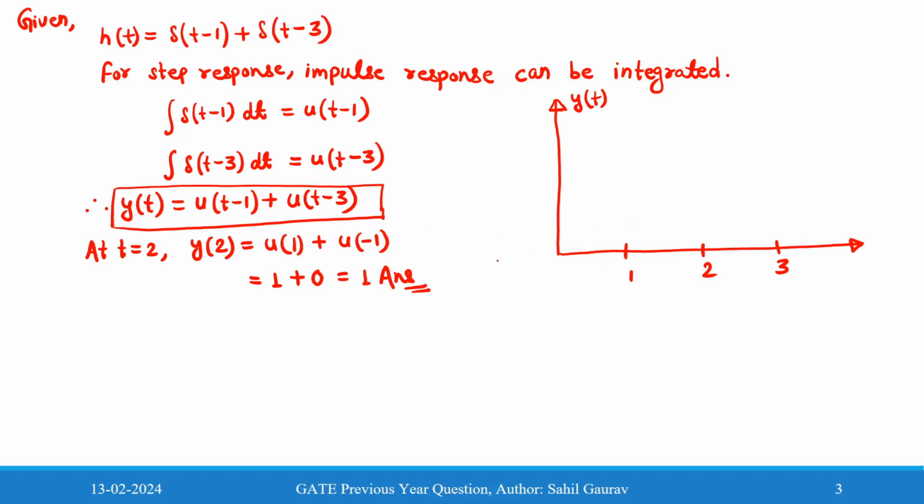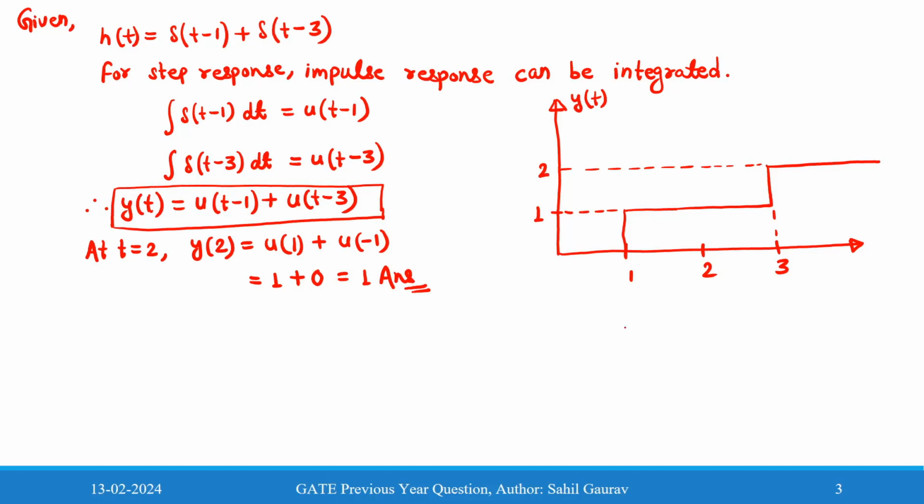So for t less than 1, its value is 0, and at t is equal to 1, it has unit step output like this, and at t is equal to 3, one more unit step function is added. So this will become like this. This value is 1 and this value is 2.